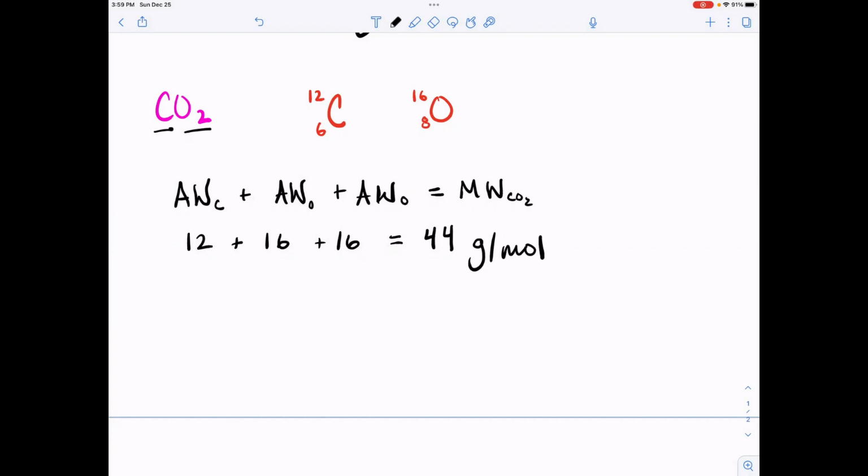Okay, so to recap here, the molar mass for an atomic species is just the atomic weight off the periodic table.